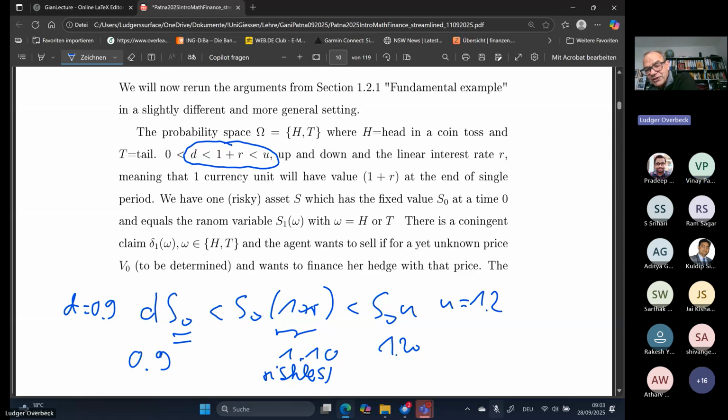Because if you always earn more on the risky asset, you will never invest in the riskless asset. And you also didn't ask why you have this condition. I explained it economically or financially. But this is actually the condition. Under this condition, P star exists.